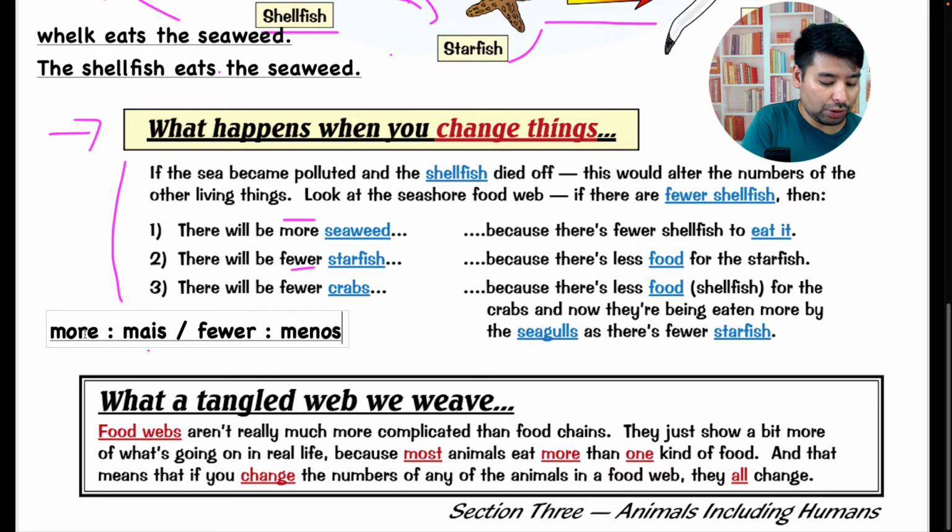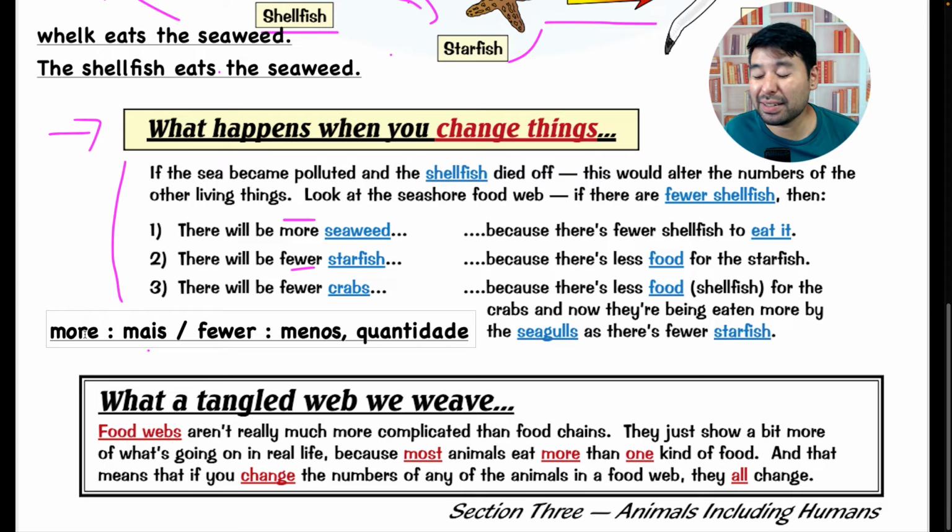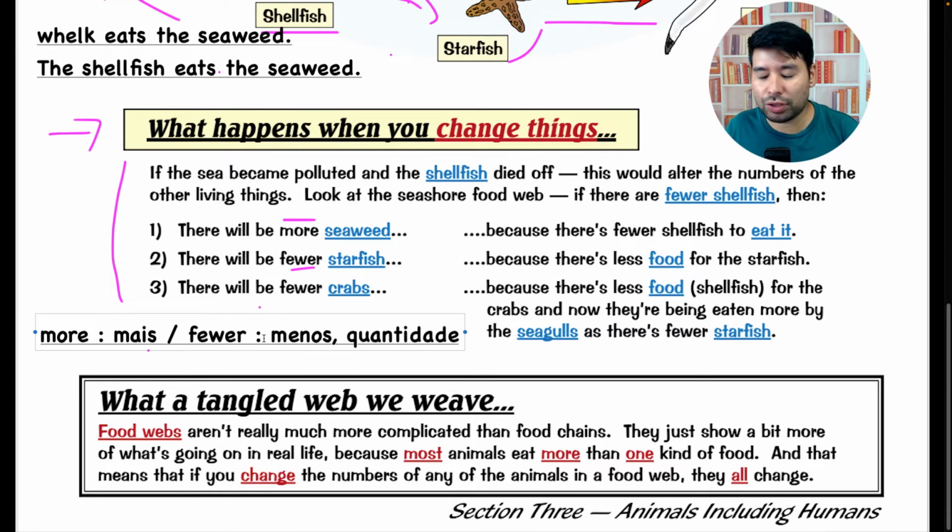Menos no sentido de quantidade, ok? Quando eu estou falando aqui de mais e menos, é no sentido de que haverá menos número de algo, mais número de algo. Mais e menos no sentido de quantidade, tá bom? Então, a gente fala more and fewer, ok? More, mais, fewer, menos. Menos do que, tá bom?